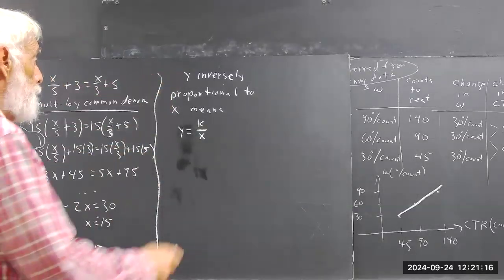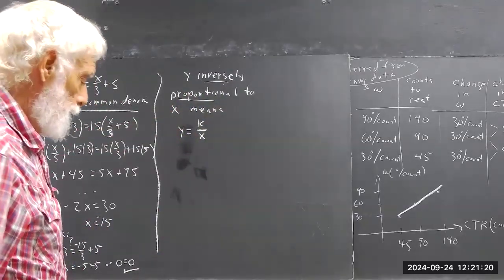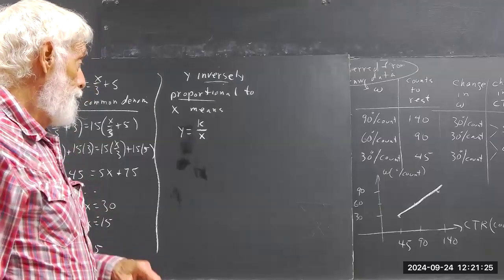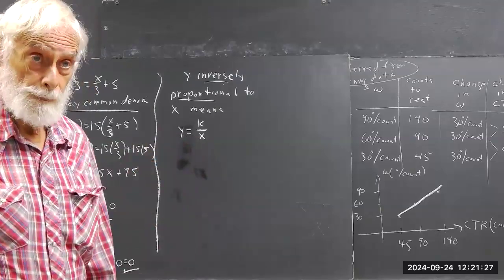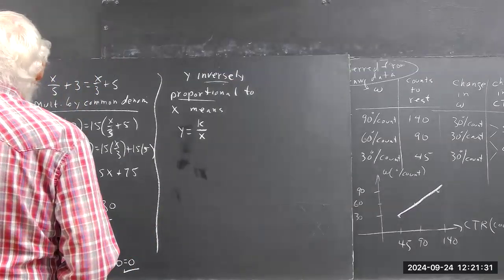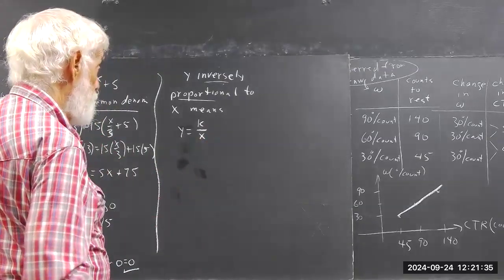Y inversely proportional to X means Y equals K over X. As you'll find out from the open math, this means that when X gets bigger, Y gets smaller. And you see several example cases where that might happen. And it's another common proportionality.